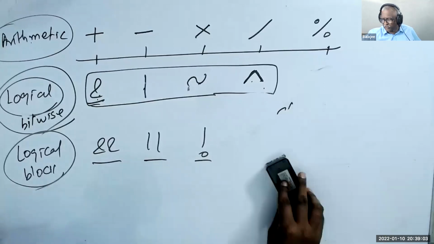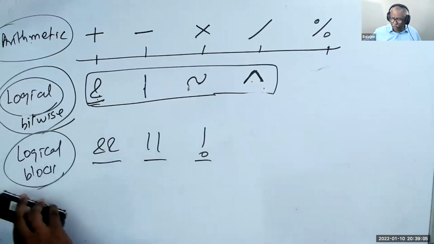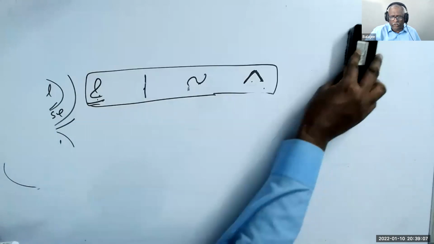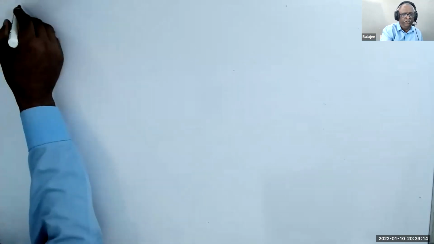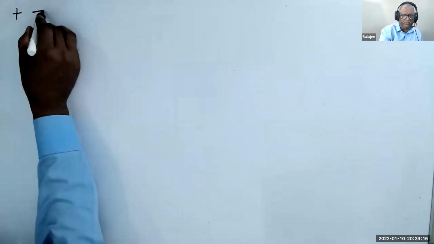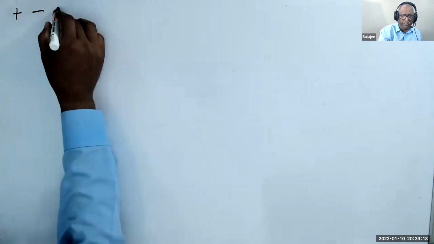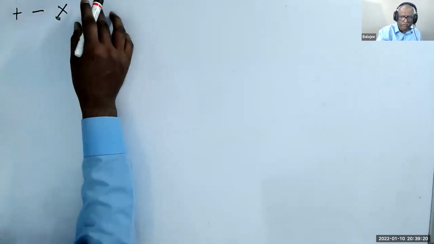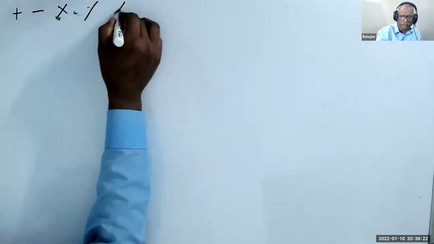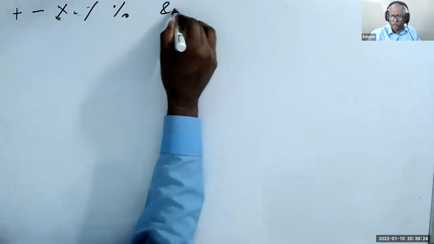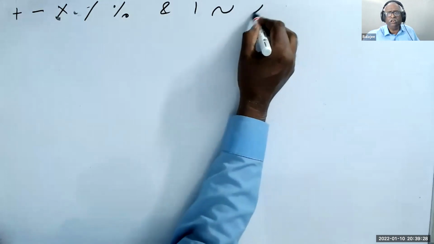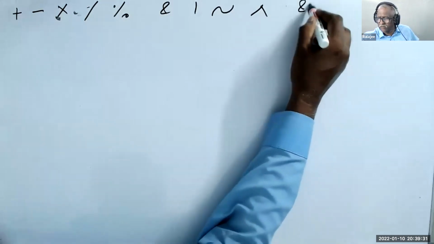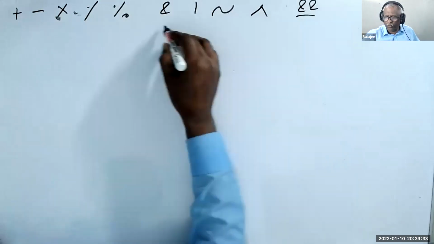I know that you would have got confused, but let you get confused. If you go and watch the video once again and try to solve it at your home, find out these 3 operators, understand. We have discussed addition, subtraction, multiplication, division, modulus, and, or, not, XOR. This is all bitwise.